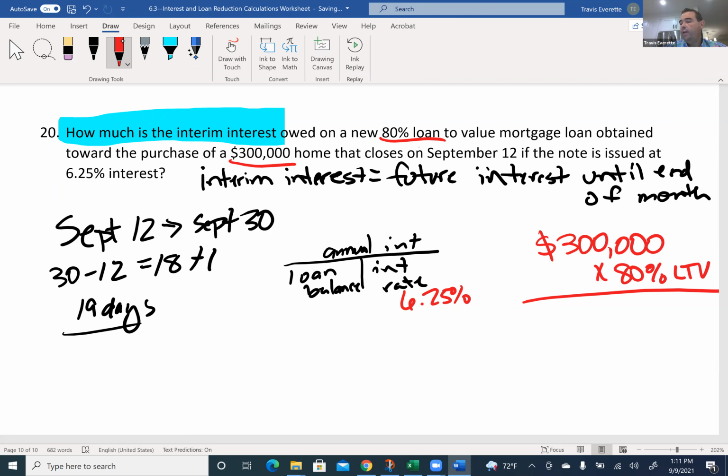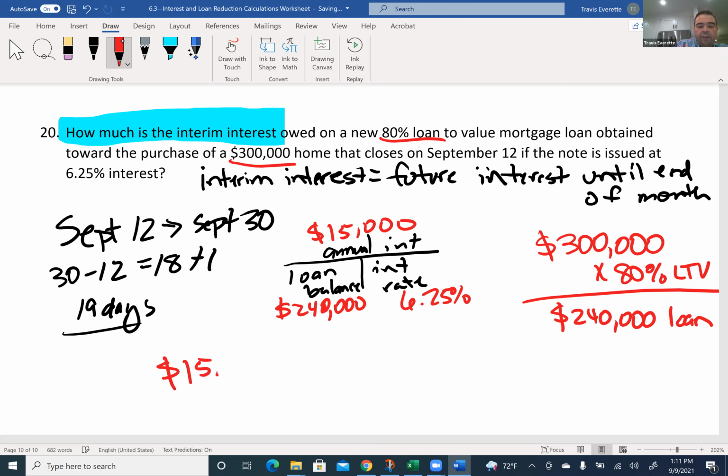So if we do the math on that, that's $240,000 for a loan amount. So that goes over here, $240,000. That's how we're going to calculate our interest for the year. So they're side by side, so we multiply them, 6.25%. That is $15,000 in annual interest. Well, we want daily interest. So we're going to take that $15,000 and bust it down to daily by dividing by 360.